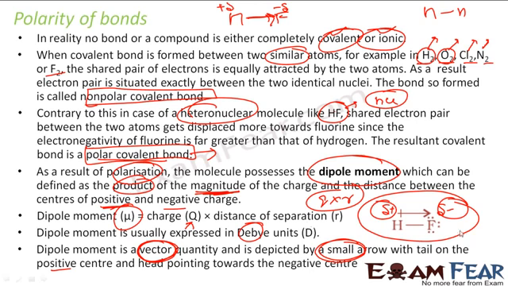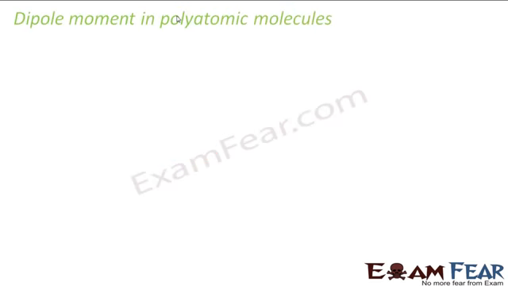Though the whole molecule is electrically neutral, there are partial charges on the atoms, and thus we have a dipole. I think we saw in the case of O3 also there were some partial charges on the atoms. So if you have partial charges on the atoms of a molecule, you have a dipole moment.